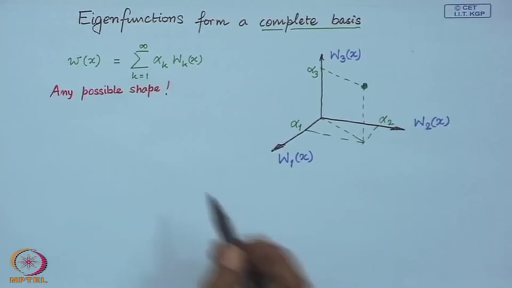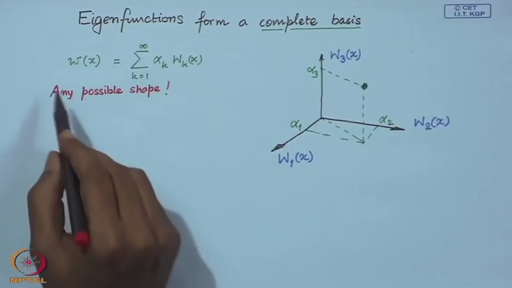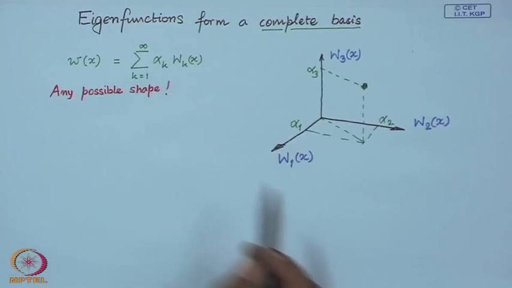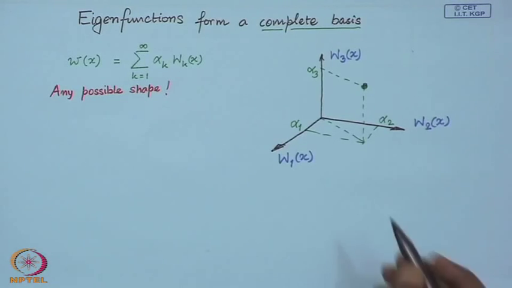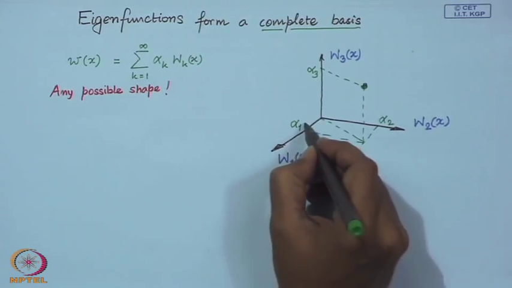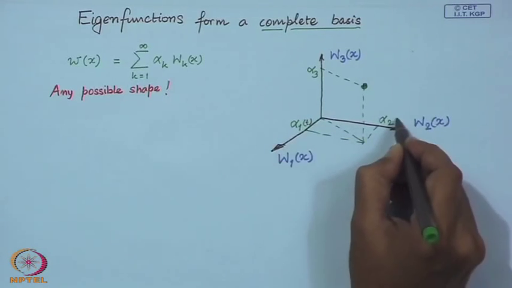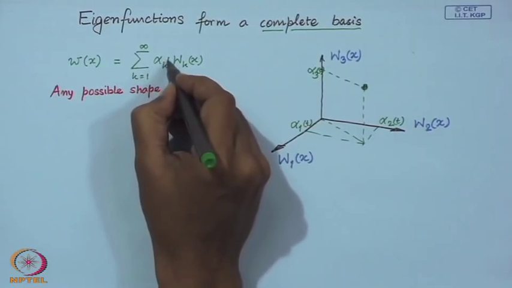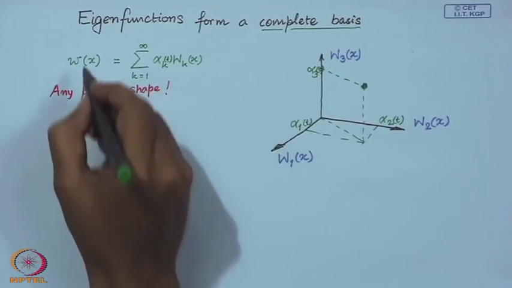These eigenfunctions therefore give us a good way of representing solutions which may also be functions of time. Suppose these coordinates are in general functions of time.